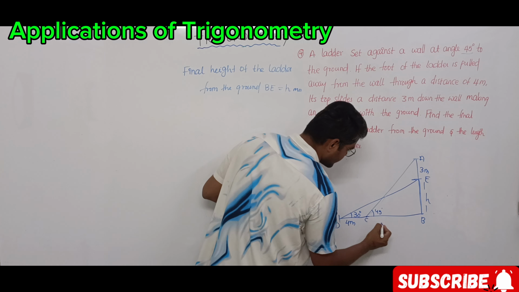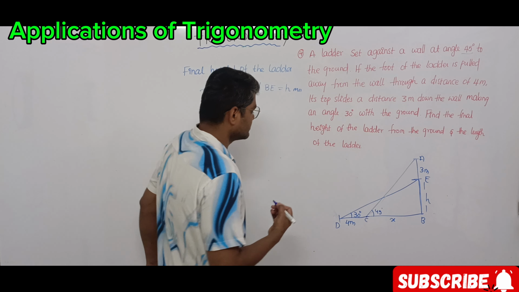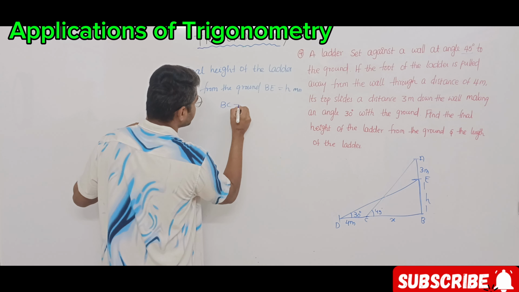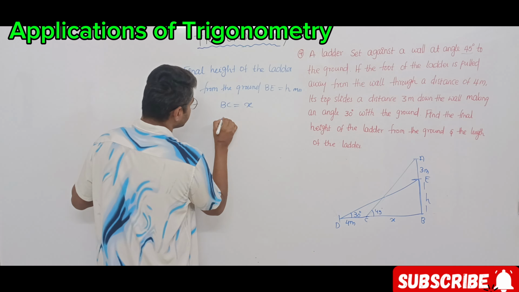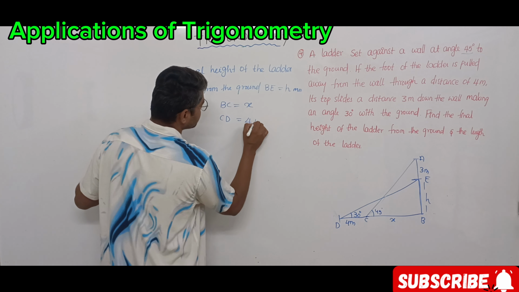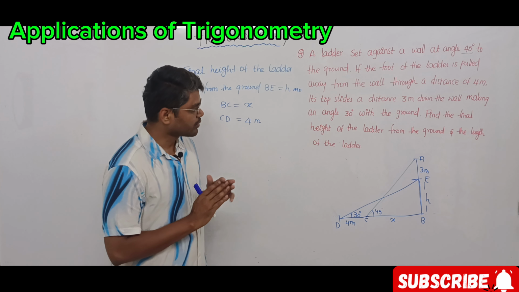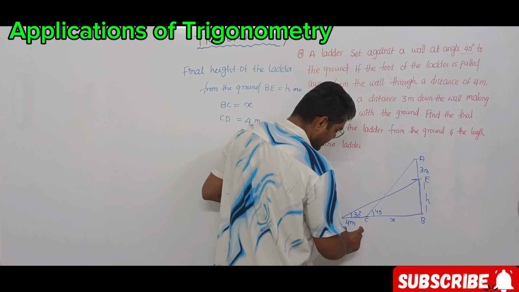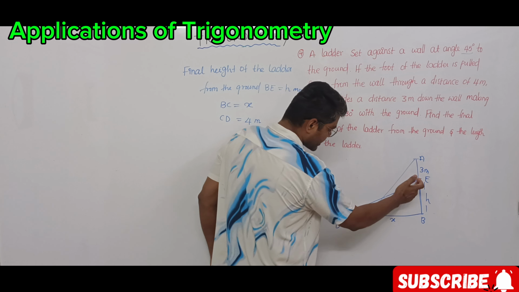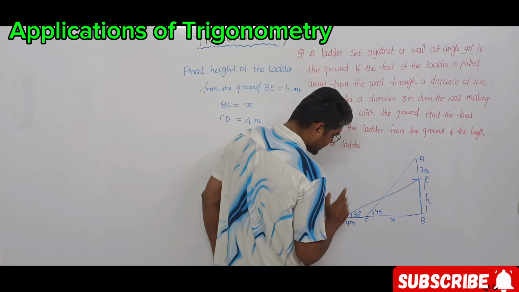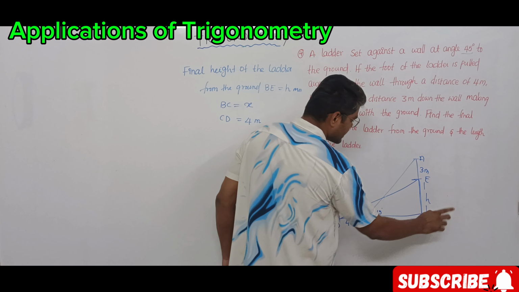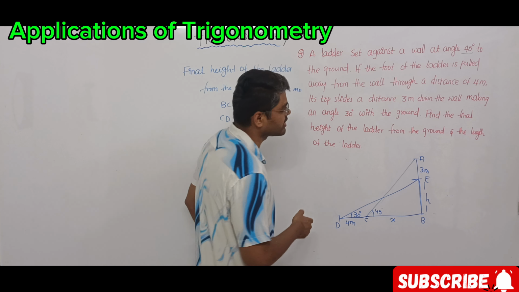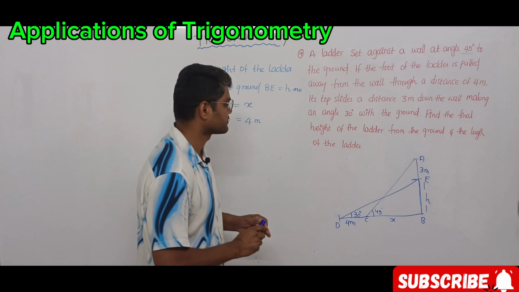Let this distance BC be x. BC is equal to x. CD is equal to 4 meters. Now the approach for the question is, this is h and this is 3 and this is 4 meters. Now take this triangle BED. In this triangle h is there, and take this triangle ABC. In this triangle also h is there. So by using this commonality we can solve this question.